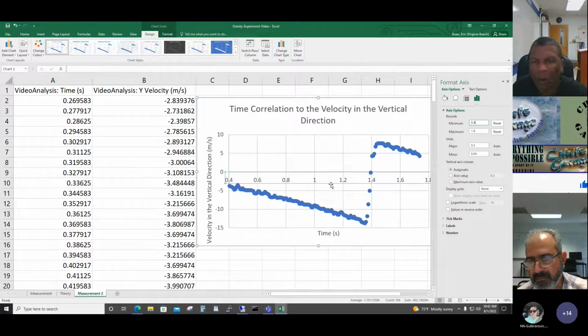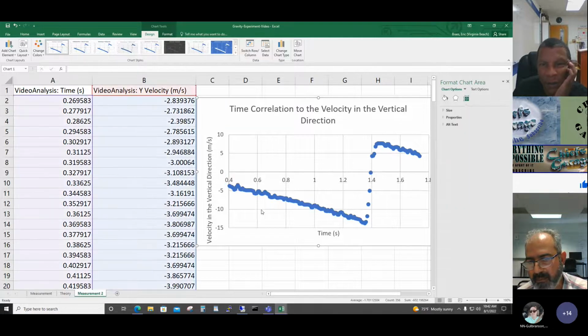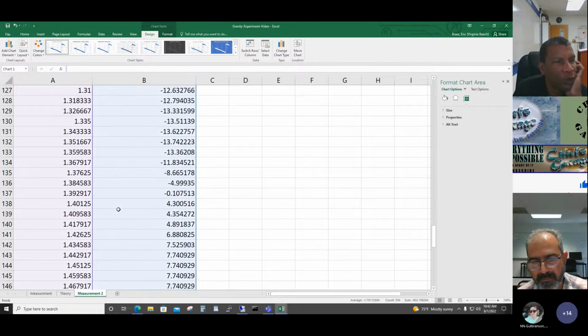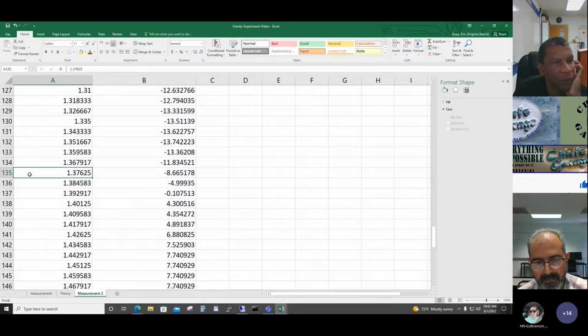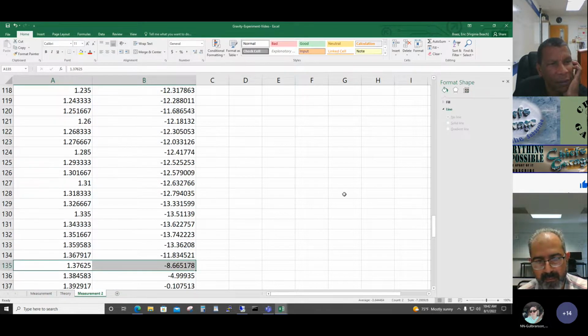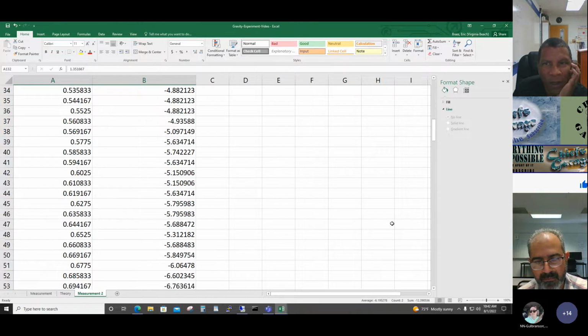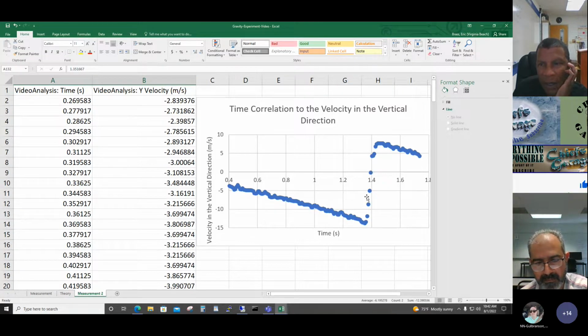Okay. Oh, I probably should have done that after this part. So we see that this is going to go to about 1.35. Again, I want to go down here to 1.35. And I think, nope, it's right here. What we want to do is exclude the data after this.